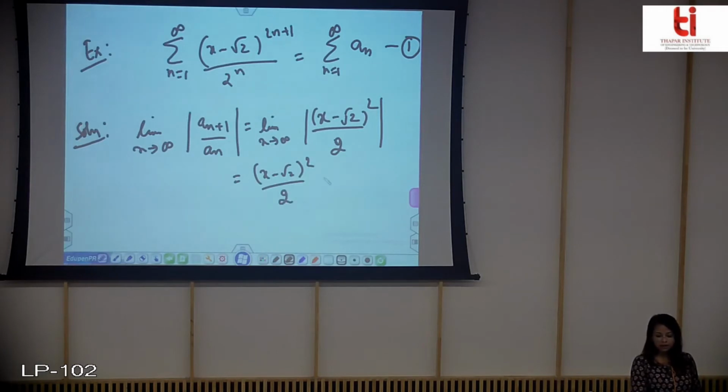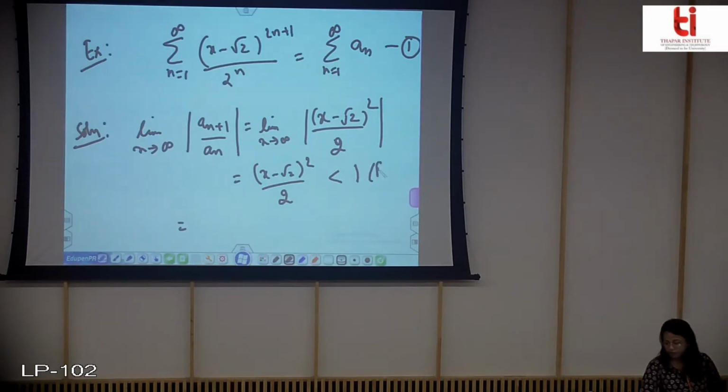Now this limit converges if the value of this limit is less than 1. You know the ratio test, the series converges when the value of the limit is less than 1.